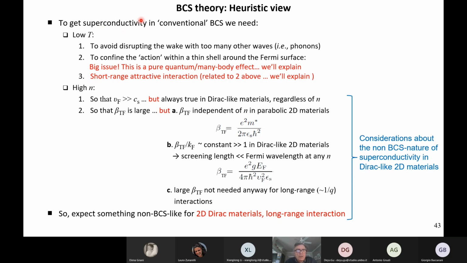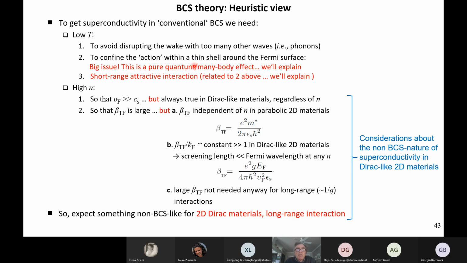But in order to get superconductivity, you need low temperature, you need a calm lake, which means you need very few other phonons being thermally excited, because these phonons may disrupt the wake of the first electron. And also, a big issue is a pure many-body effect that we'll have to consider in a moment, which is the Cooper instability.